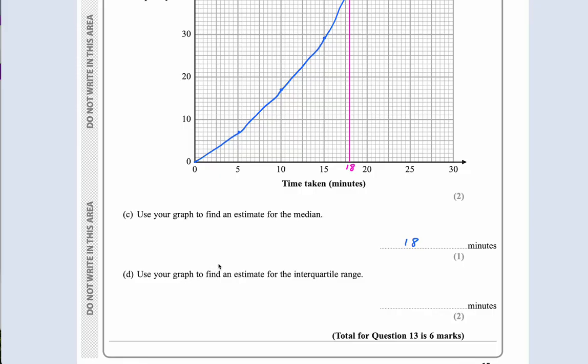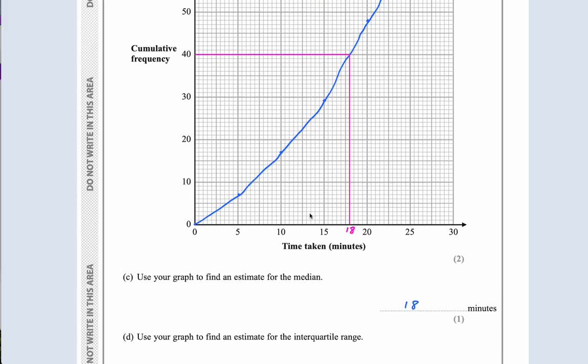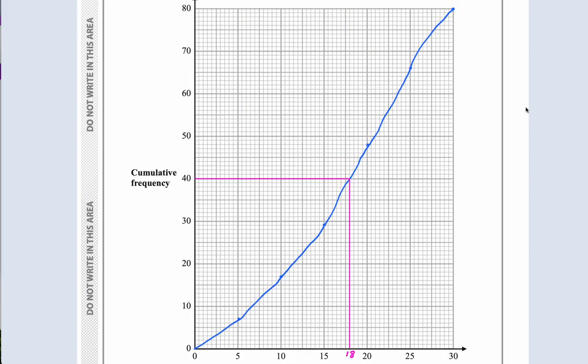And then use your graph to find an estimate for the interquartile range. Right, interquartile range. We need to find the lower quartile. So a quarter of 80 is 20. So we go across and then down. And that's 11.5. And for the upper quartile, I need to go to 60. I go to 60 across and then down.